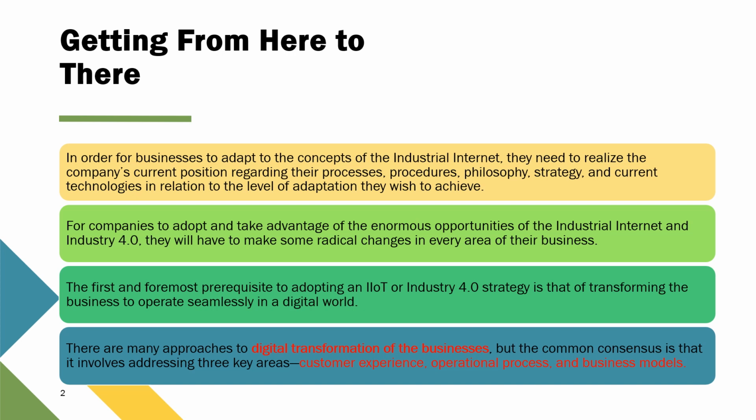Okay, so under this digital transformation, there are a lot of tasks, and there are a lot of things that the company must pay attention to. So today we are going to look into what are the components for the digital transformation to happen.